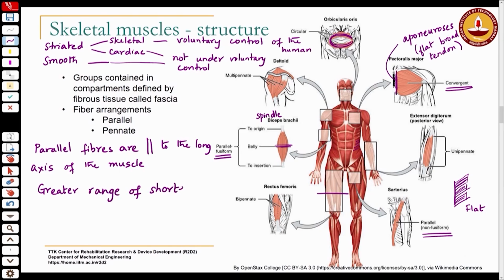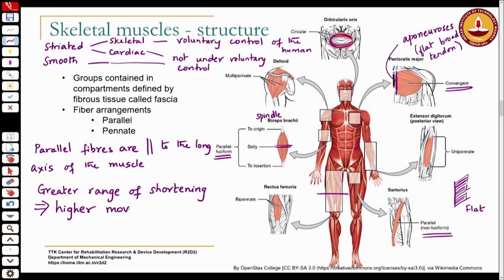With the parallel arrangement, therefore, you can get a higher movement velocity. You will see in your appendicular skeleton, you will have muscles which have these parallel arrangements with your extremities. You can move because you get more speed with the greater shortening.